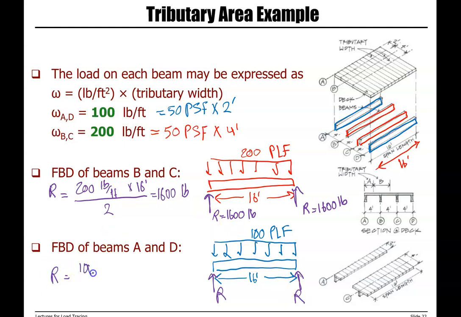The linear load that we have times the length of the beam divided by 2 gives us 800. So if we had the next member supporting our beams, we actually had the load transferred from these beams to the member supporting the beams.